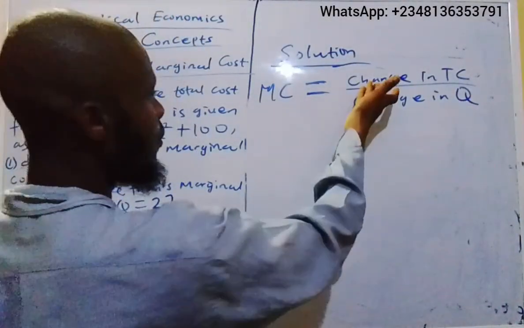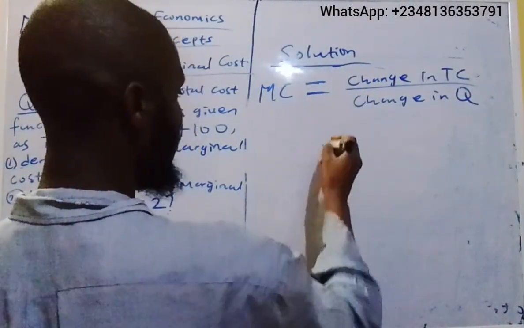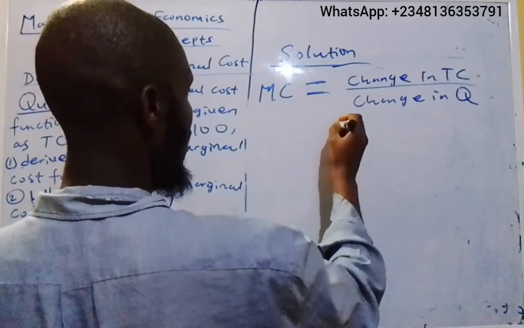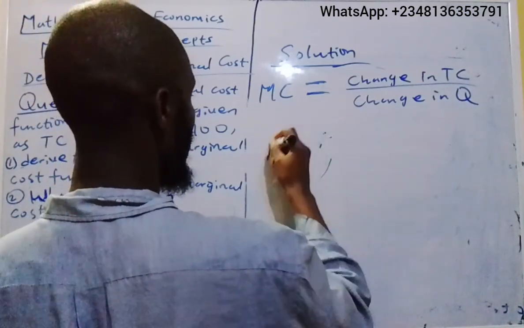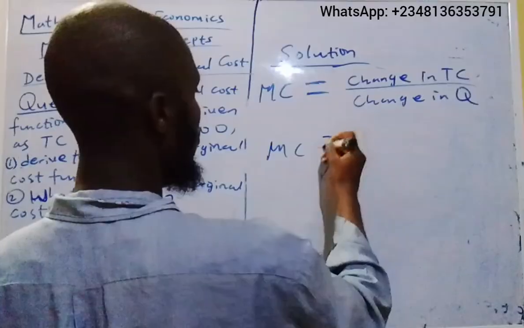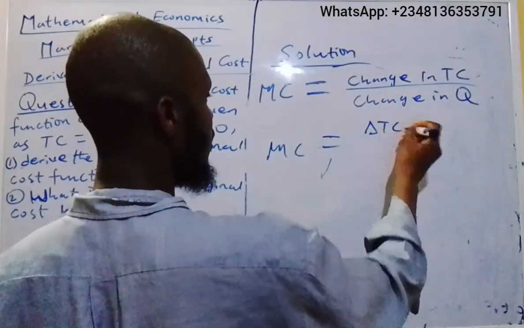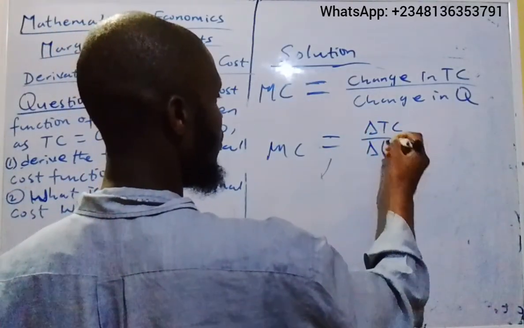So this can be rewritten as MC equals change in TC over change in Q.